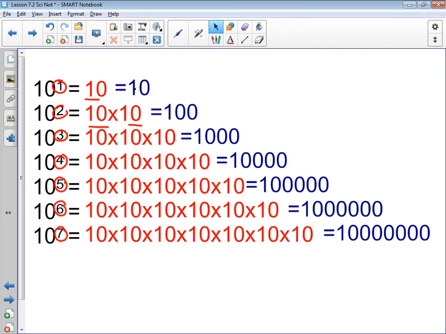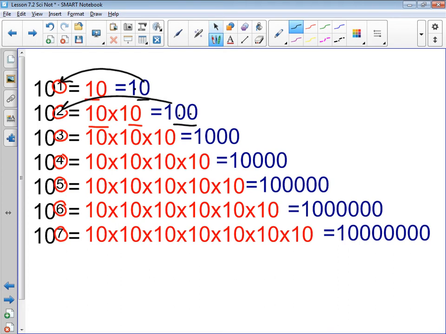Because 10 to the first power is 10, that's a 1 followed by 1 zero. 10 to the second is 100, that's a 1 followed by 2 zeros, and so on. So 10 to the seventh, without any multiplication or any thinking, is just a 1 followed by 7 zeros.